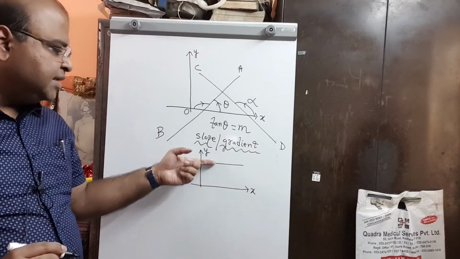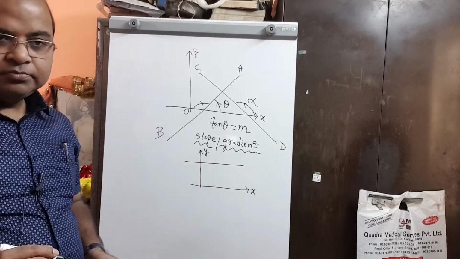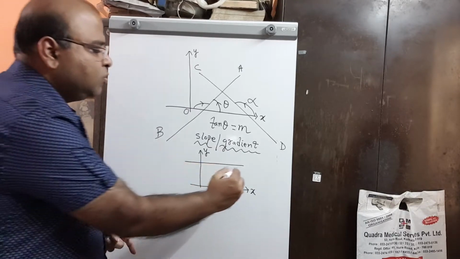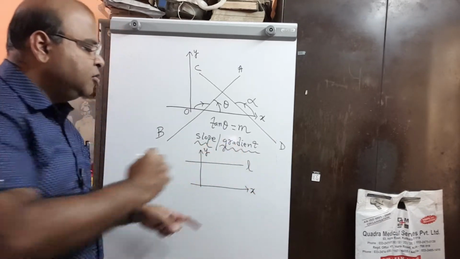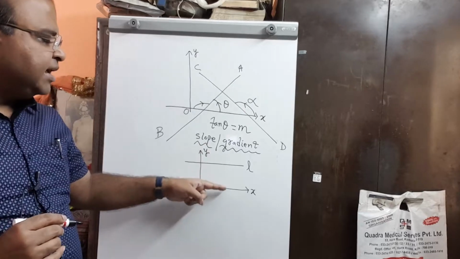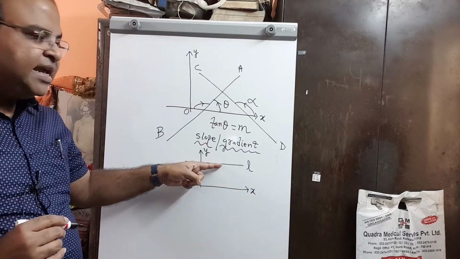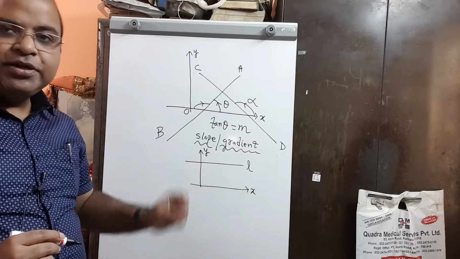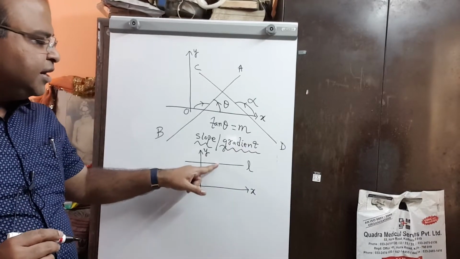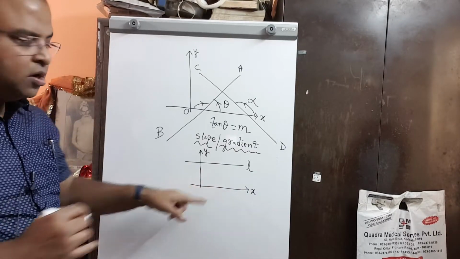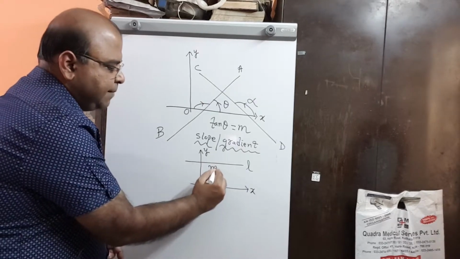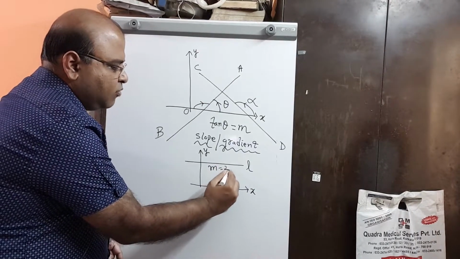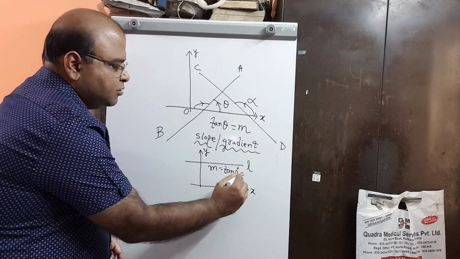Between two parallel lines, no angle is formed. Since our line L is parallel to the x-axis, there is no angle formed between the line and the x-axis. No angle means mathematically the angle is 0 degree. So here the inclination is taken to be 0. Hence the slope of the line is given by tan of 0 degree, which is also 0.